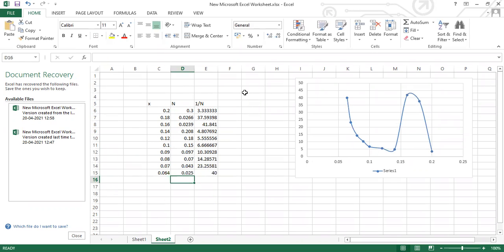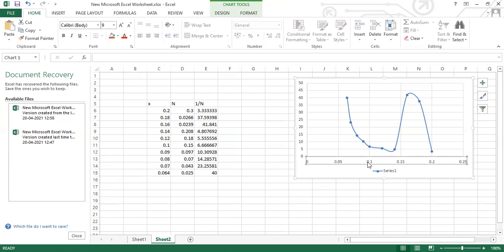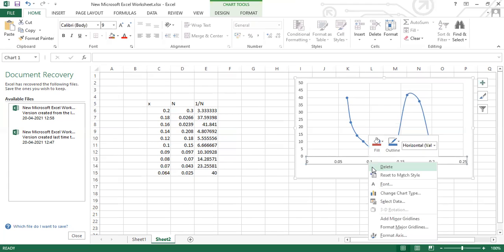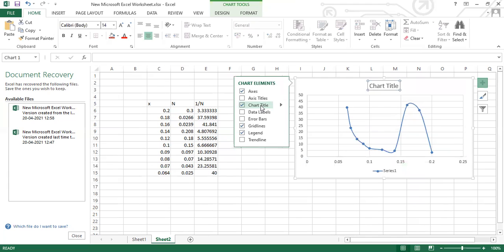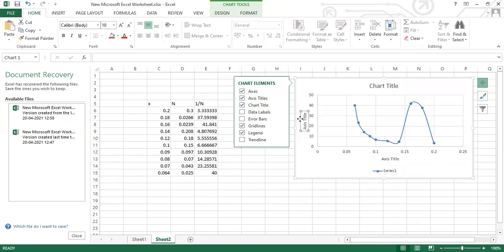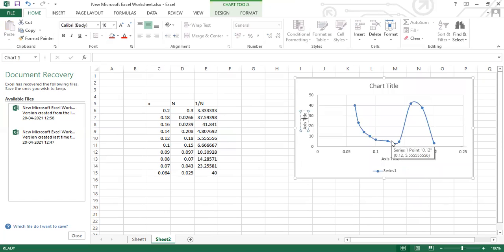Then these are the graph we get, 1 divided by n versus x, from 0.2 to 0.06. Let me make a very good graph. Chart, axis title, 1 divided by n versus x.